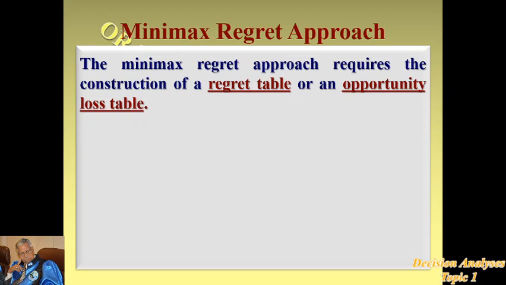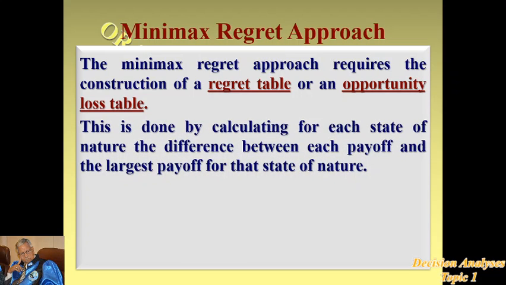What is the philosophy of this table and how can we construct it? It is calculated by finding, for each state of nature, the difference between each payoff and the largest payoff for that state of nature.